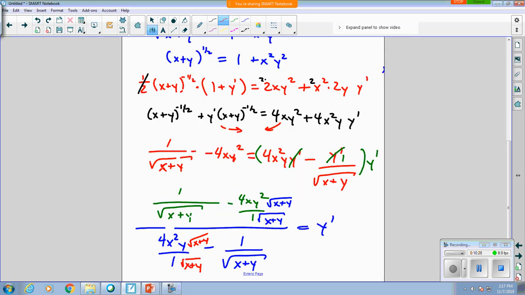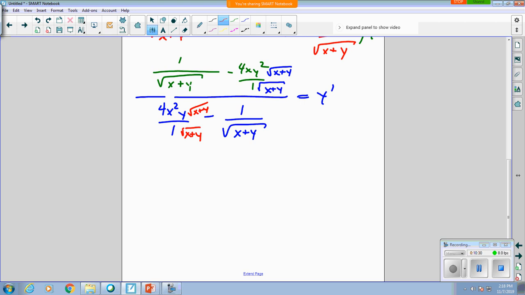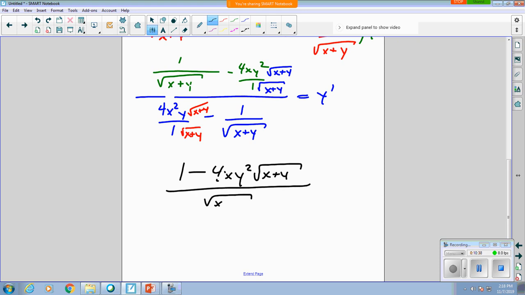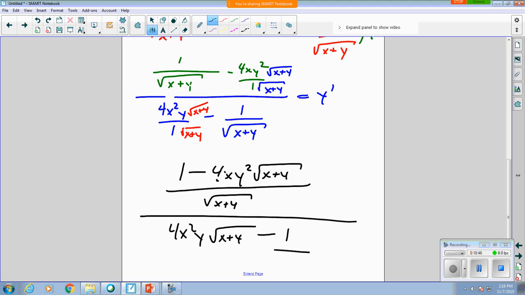So the top becomes 1 minus 4xy squared times the square root of x plus y, all over the square root of x plus y, all over 4x squared y times the square root of x plus y minus 1, all over the square root of x plus y. And this is all equal to y prime still. And now I can see these cancel.